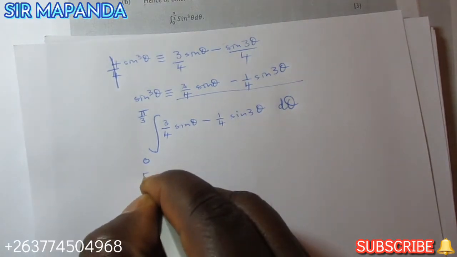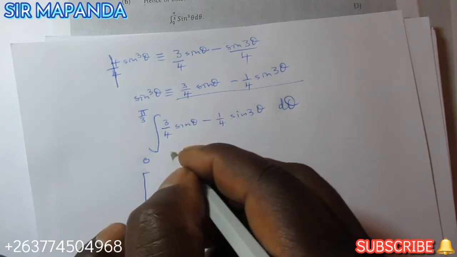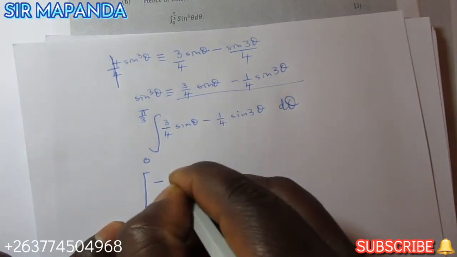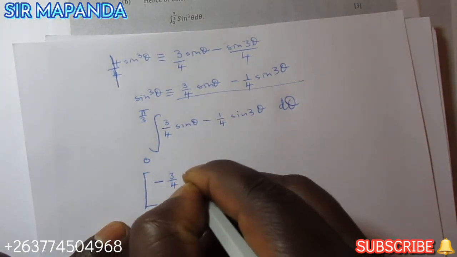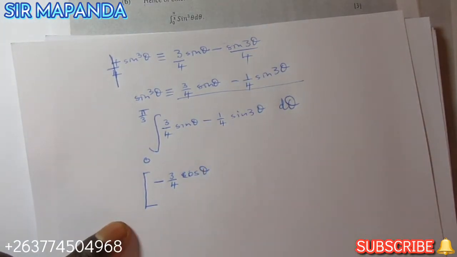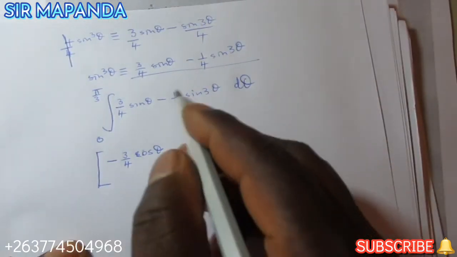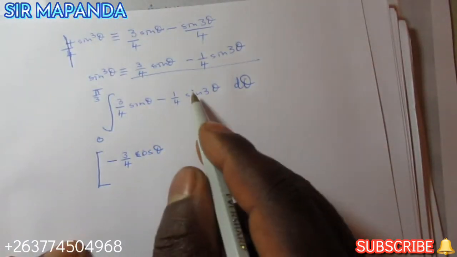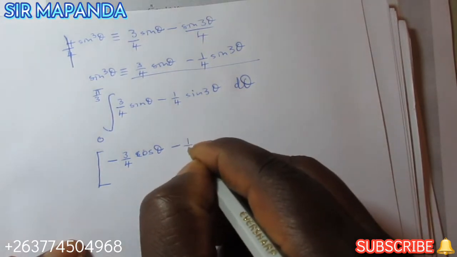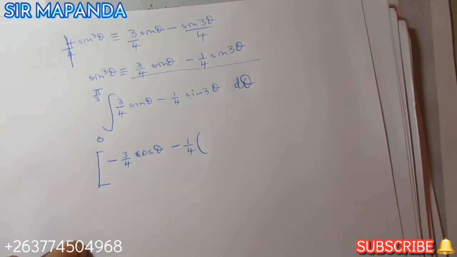So if we integrate 3/4 sine theta, you get minus 3/4 cos theta, because the integral of sine theta is minus cos theta. Then we move on to this side. We want to integrate sine 3 theta.